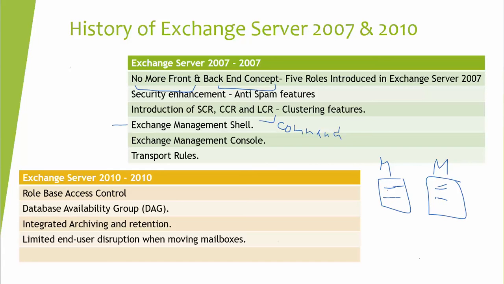What they were doing was creating a copy of the database on the other mailbox server. For example, this was created here, and this was created here. So you had two different databases, a copy of your database on another server.